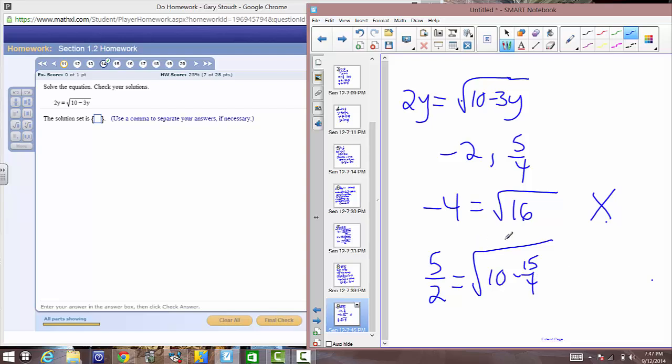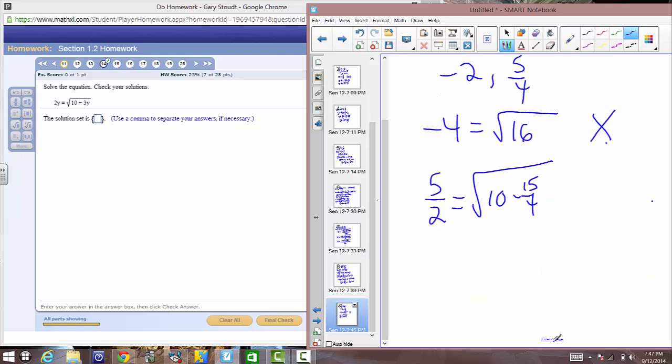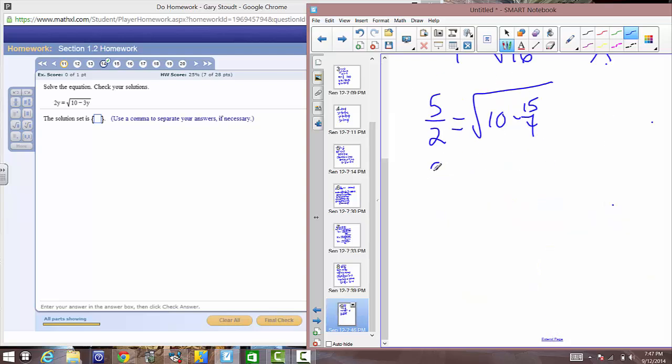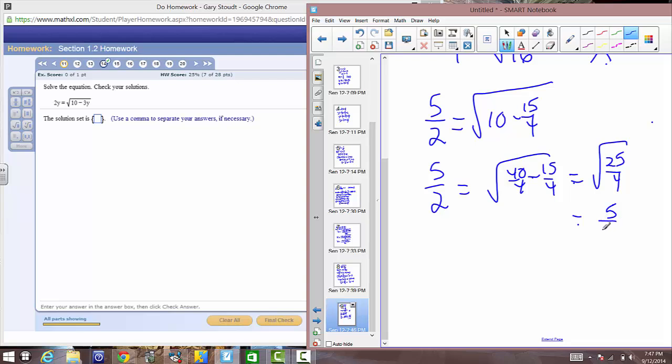So let's see if that's correct. So that would be the square root of 40/4 minus 15/4. So that would be the square root of 25/4, which is 5/2.